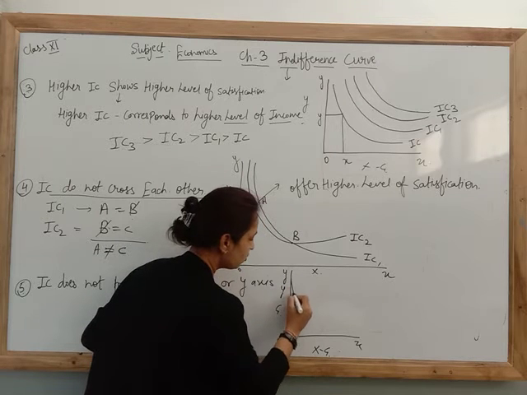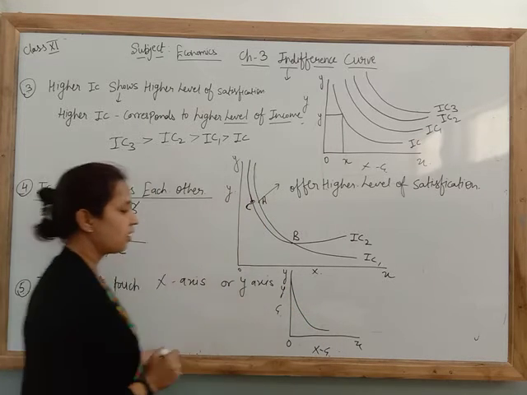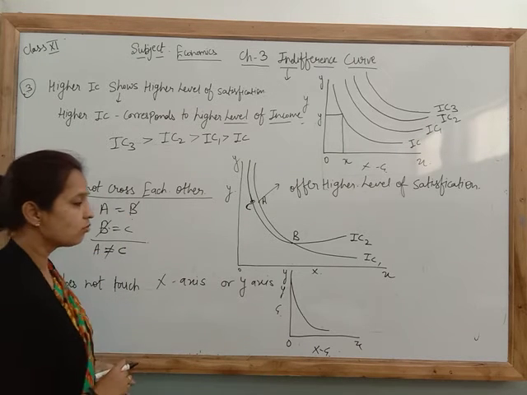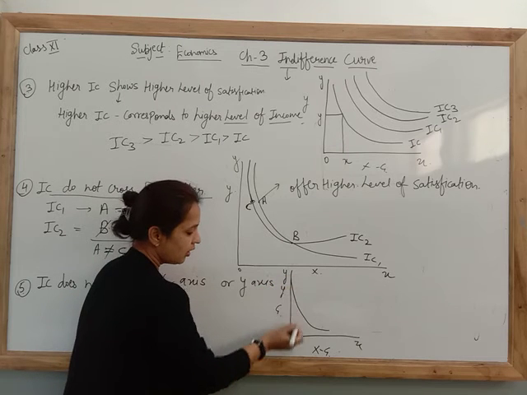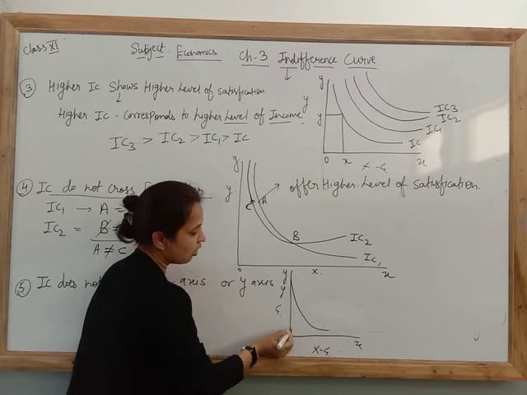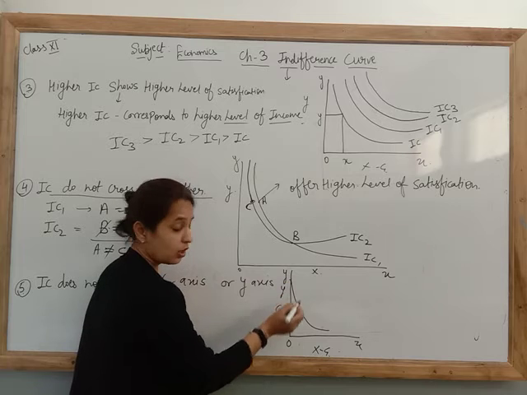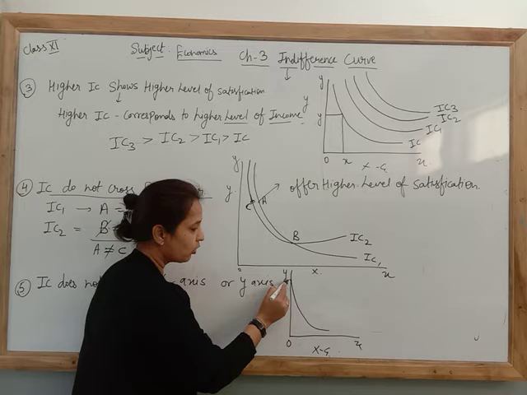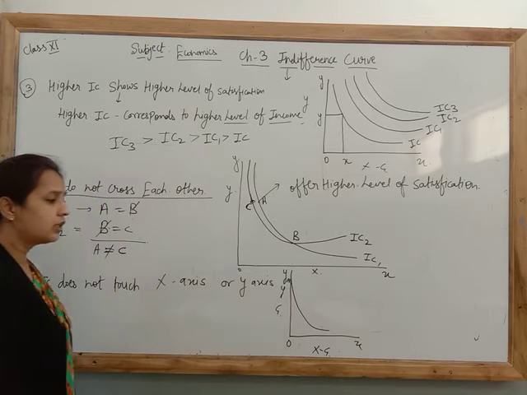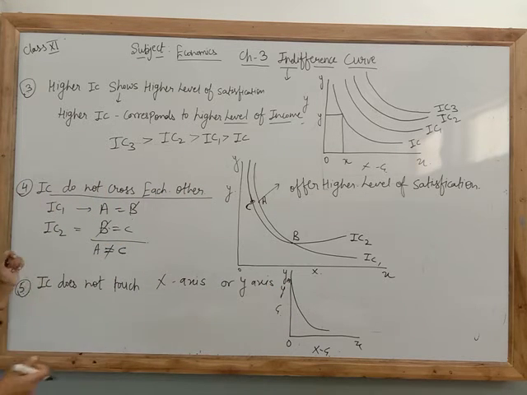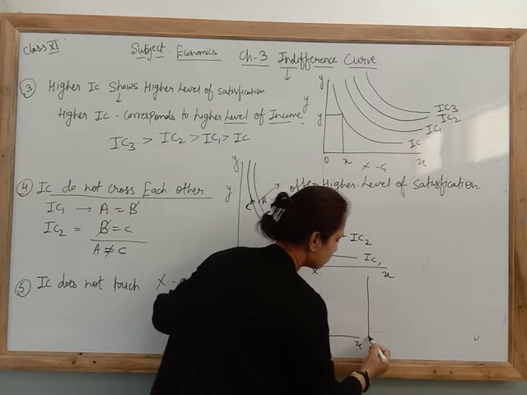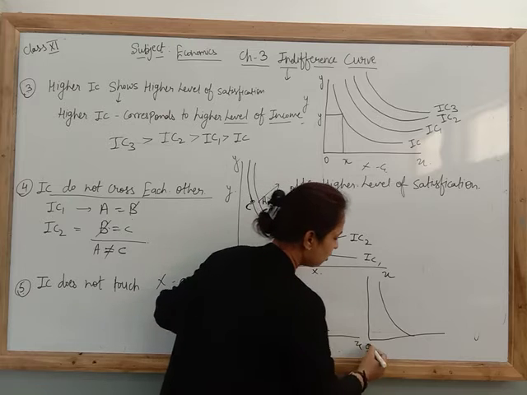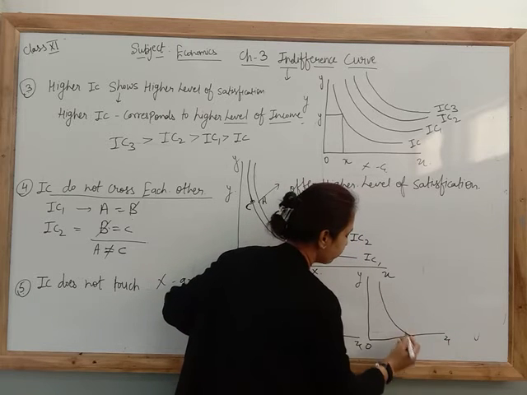If I am going to draw the diagram in this manner, when IC touches the x-axis, what is the meaning of that? It means the consumption of y is 0. If the consumption of any commodity is 0, here it is touching at 0, x and y.